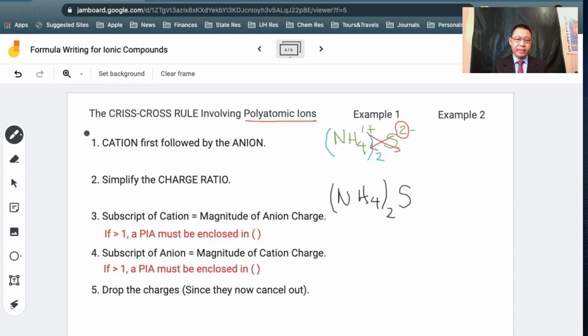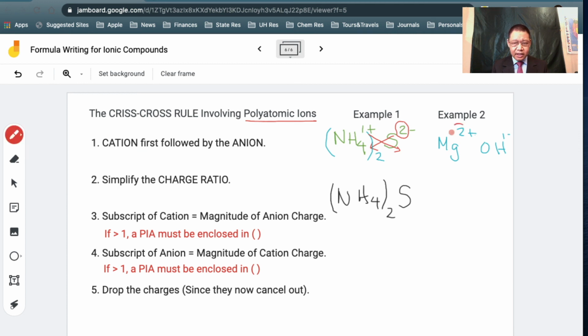Let me give you one more example, and then we're going to be done. Supposing that you have Mg 2+, and you want to combine that with OH 1-. So if you apply the rules here, I wrote magnesium first, followed by hydroxide. I simplified the charges. In this case, 2:1, you don't have to do anything there. And then you're going to apply the Criss-Cross rule.